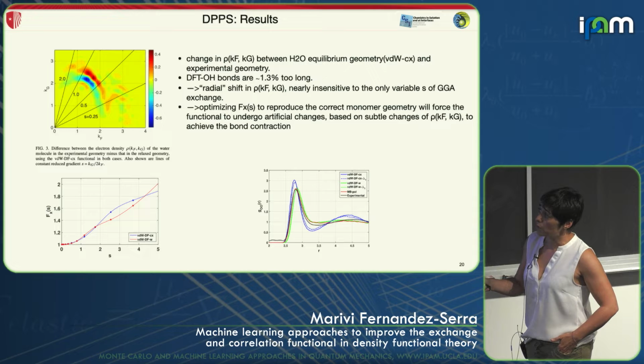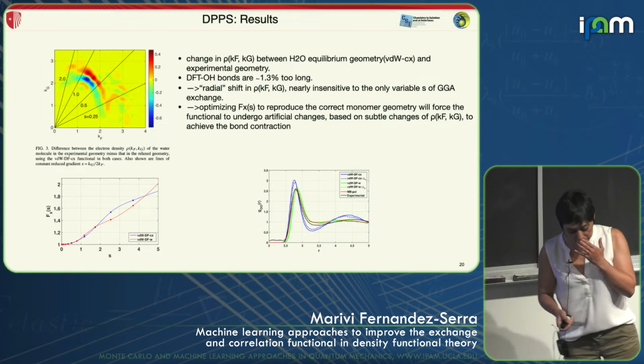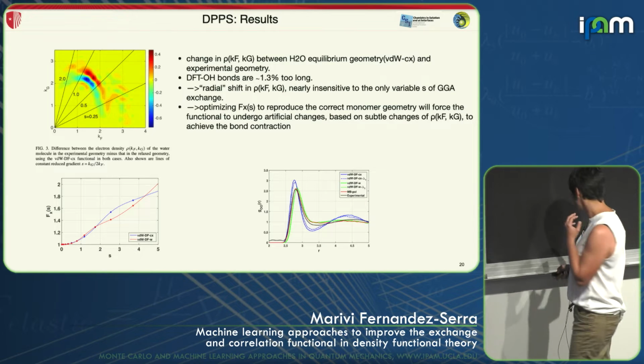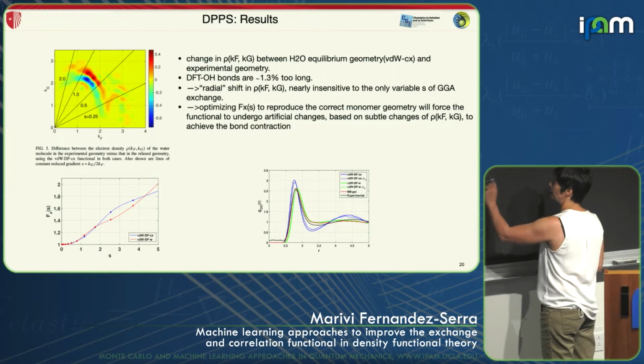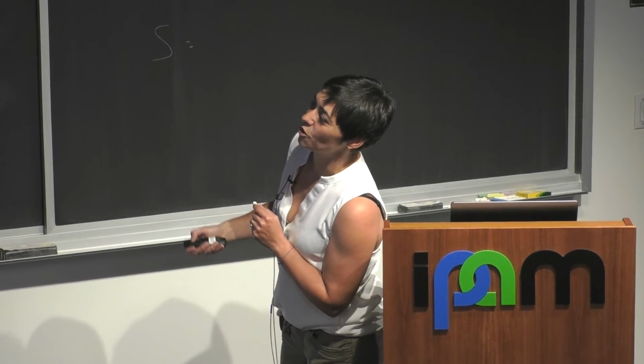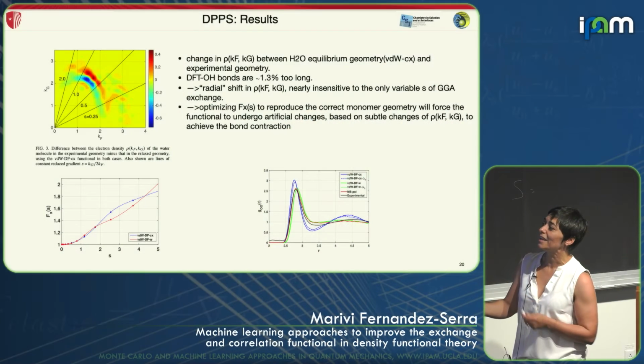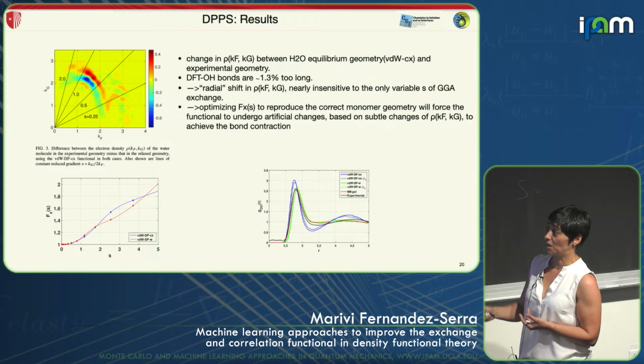One thing you already notice is that these changes are perpendicular to the lines of constant S. And remember that my exchange enhancement factor is Kg over Kf, which says that these changes won't be captured by any change in the exchange enhancement factor, precisely because they are perpendicular to the constant S changes.